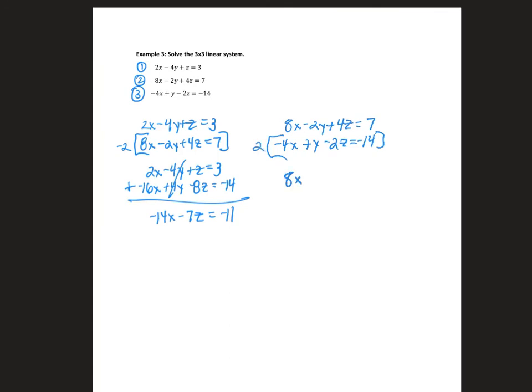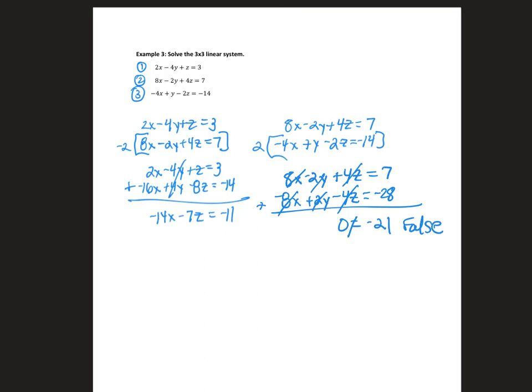So I have 8x minus 2y plus 4z equals 7, and -8x plus 2y minus 4z equals -28. And when I add these equations together, the x's cancel, the y's cancel, the z's cancel, and I'm left with 0 equals -21, which we know is a false statement. Therefore, there is no solution that will satisfy this given 3 by 3 system.